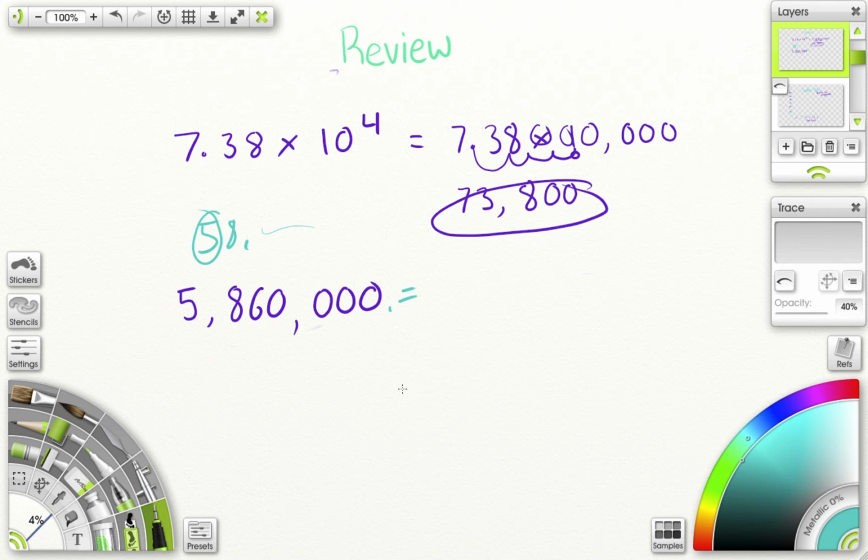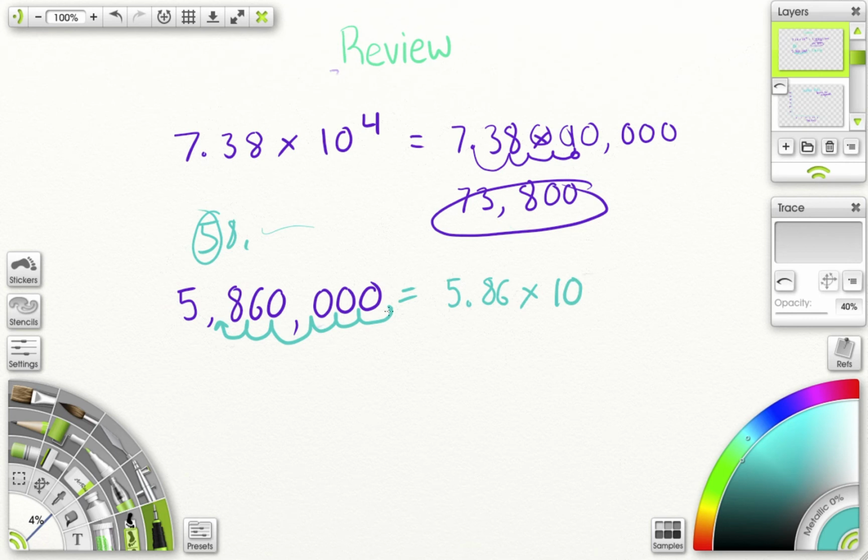So in this case, we're going to do it to a single digit. I'm taking this decimal space and moving it over 1, 2, 3, 4, 5, 6 spaces. So I end up with 5.86. I can just eliminate those zeros at the end for now. And times 10, and we have to figure out what the exponent is.